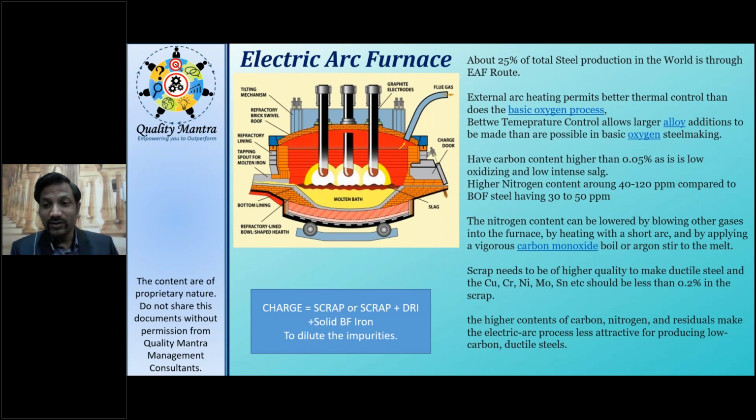Limestone. No, limestone is basically for the slag, no? What are you adding for cooling purpose? Yesterday we have seen, because we have to control the temperature, we have to add something. Water cooling purpose. Yeah.